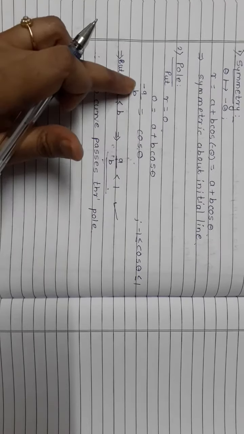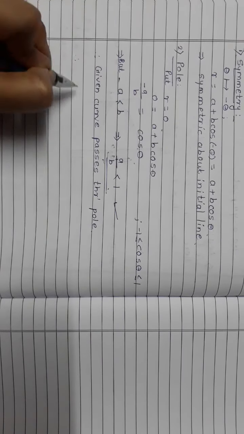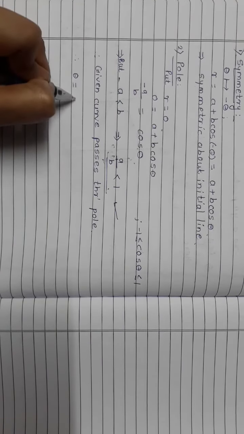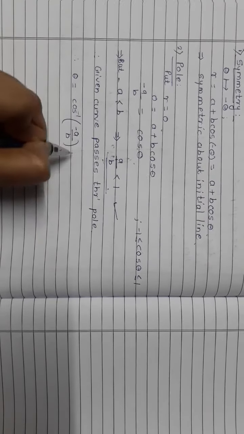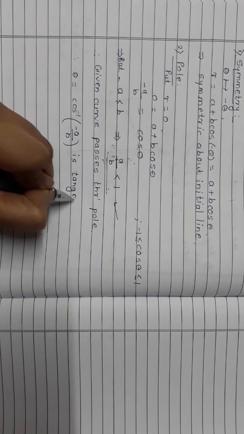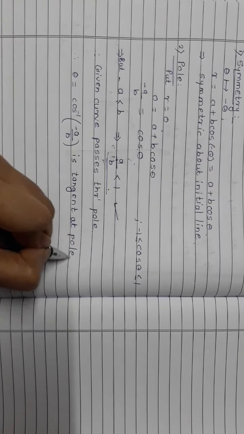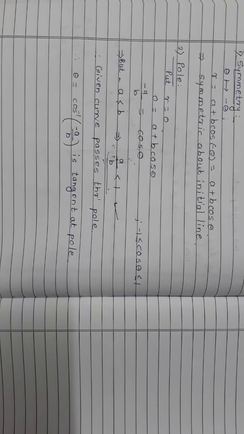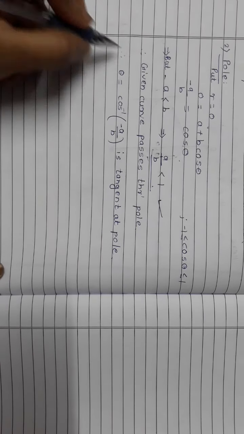That is cos inverse of minus a by b. So therefore, what is the tangent at the pole? Theta is equal to cos inverse of minus a by b is the tangent at the pole, right? Tangent at pole. And that's it.